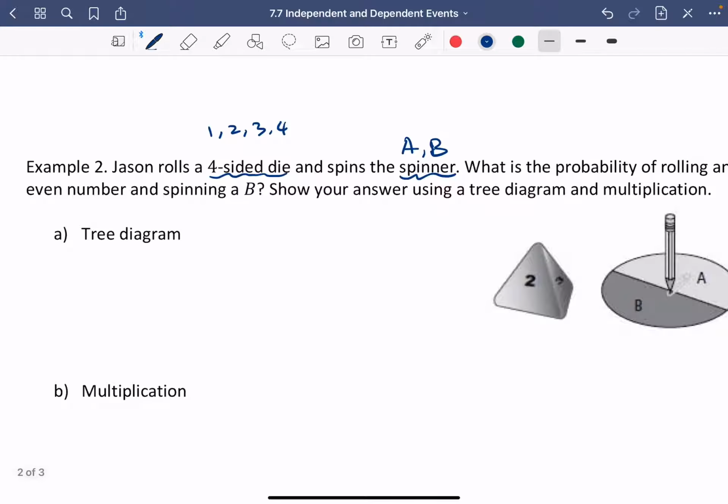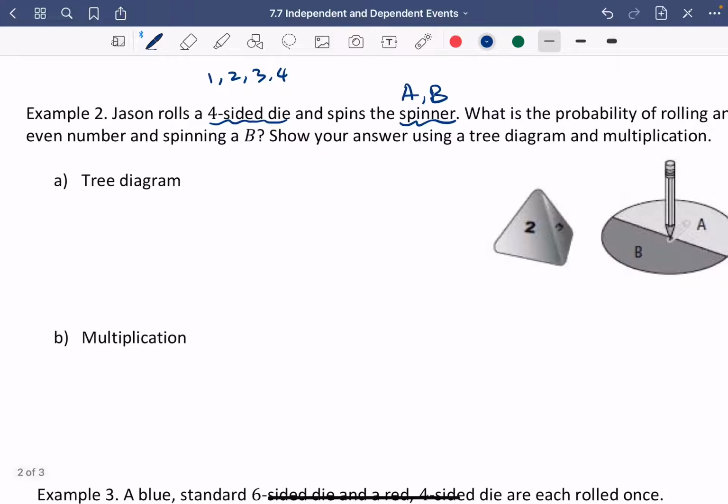Now, let's use the tree diagram. So, first of all, he rolls a die. How many choices are there for rolling a 4-sided die? Well, we have 1, 2, 3, 4, 4 numbers, so 4 possibilities.